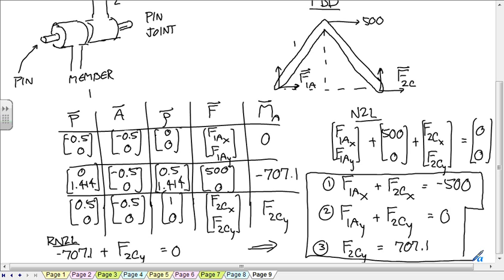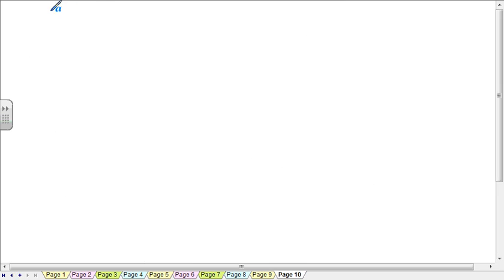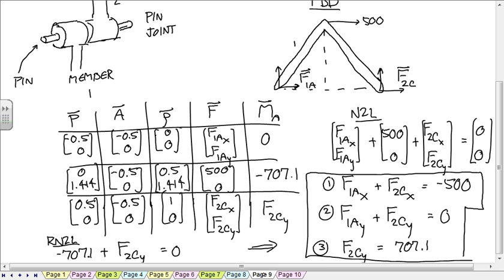Okay, so from the first object that we isolated, we have 3 equations. So let's figure out how many variables we have. We have 2 variables here, the x and y components, and 2 variables here, the x and y components.